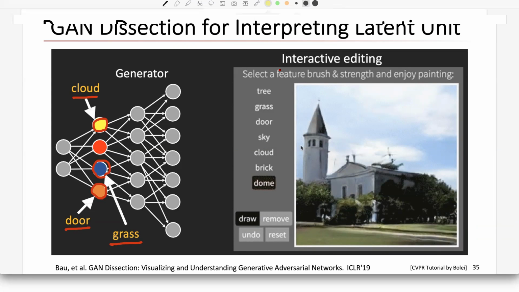We can interactively edit the generated image. How can you do that? If we can increase this unit value, then we can make our generated image have more cloudy images. Or if we increase this hidden value, the door value, then we can make more doors in our generated image. So let me show you the example.